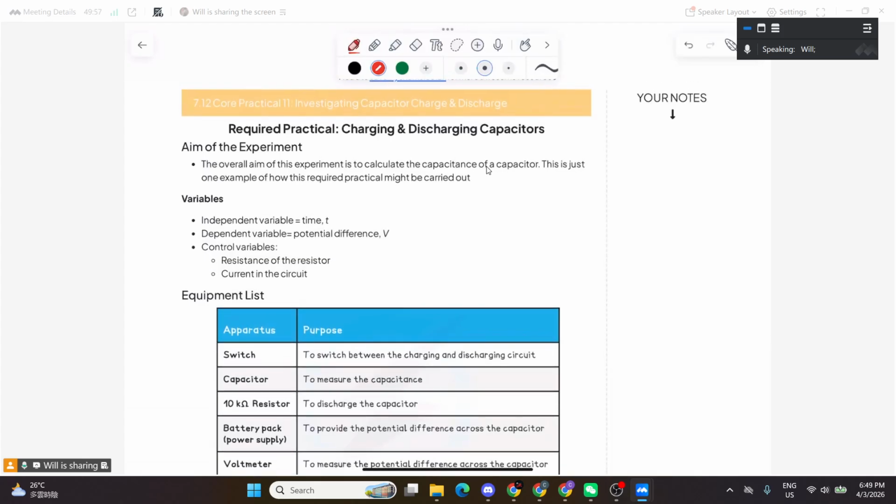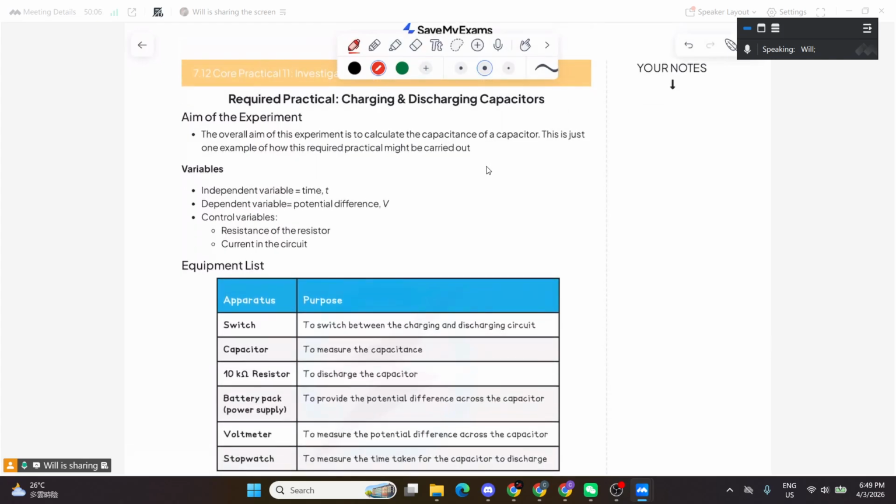Okay. Look at this one. We are going to investigate the capacitor charge or discharge. So first, we have to know the aim of the experiment. The first aim is to calculate the capacitance. Which means we have to calculate C, right?